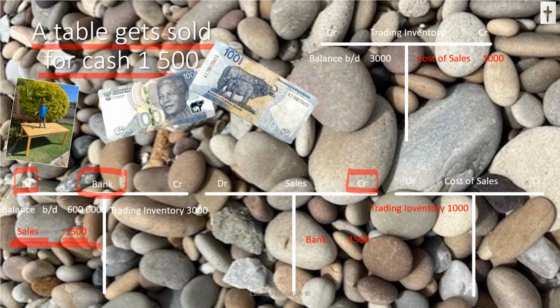Sales was credited, an increase in income. So in the sales account under details we have bank, the name of the contra account, and the amount was 1,500. So bank was debited and sales was credited with the selling price 1,500.